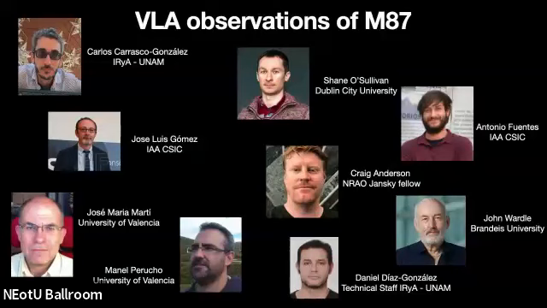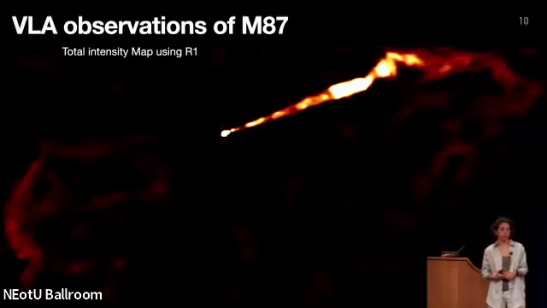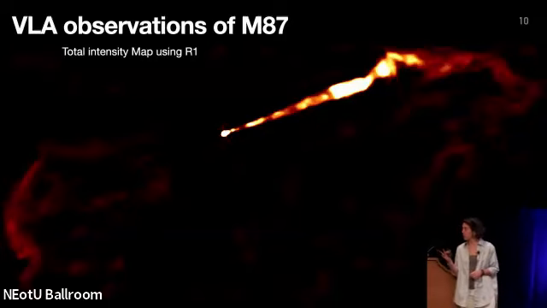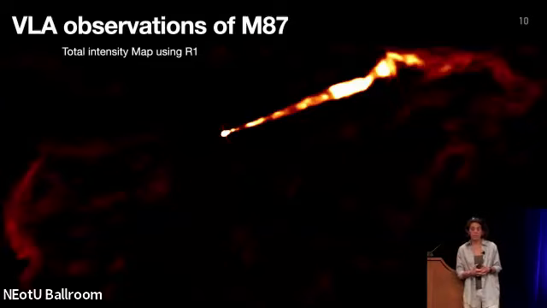So with these people here in the picture, I could work on new VLA observations of M87, and I want to show you this very pretty image of the total intensity map of M87 using Robust 1, just to show you how good the data are.